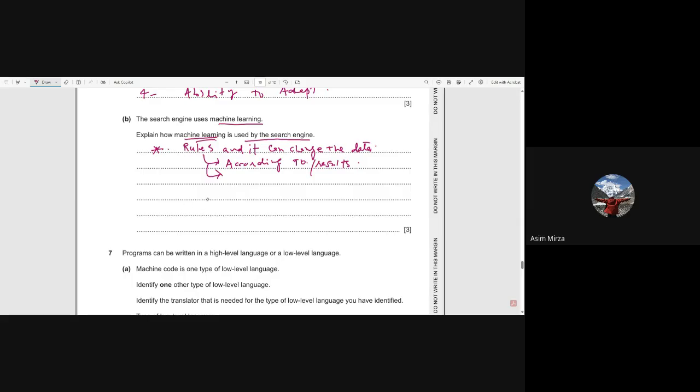The search engine's machine learning can use supervised and unsupervised learning, definitely from different resources.